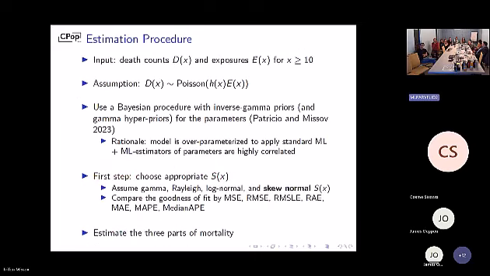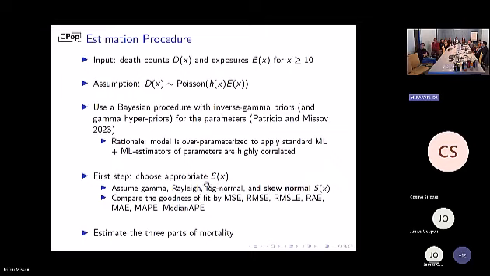So if we want to fit this model to overall mortality, it's fine. But if we want to fit it to cause of death data, where we have like 17, 18 points with 7 parameters, well, it's a little bit tricky. So we decided to go for a Bayesian estimation procedure here.